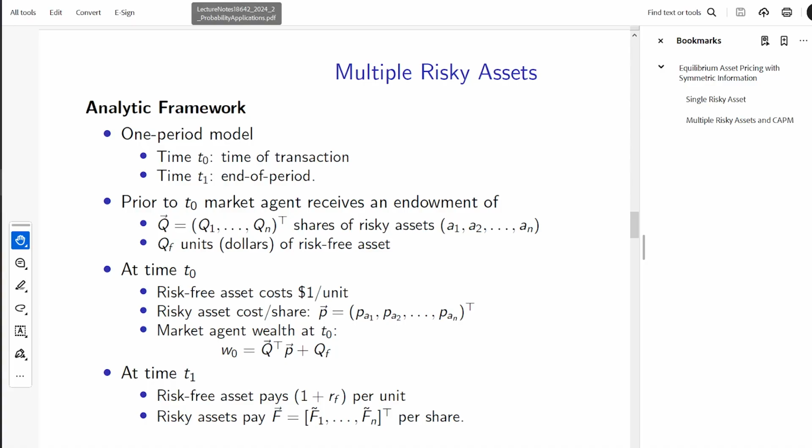And we can go through the same logic of the initial wealth being the Q shares per asset times the price at time 0, T0, of the assets, plus the value of the risk-free investment. And we can assume that the random prices at time T1 are jointly normally distributed.